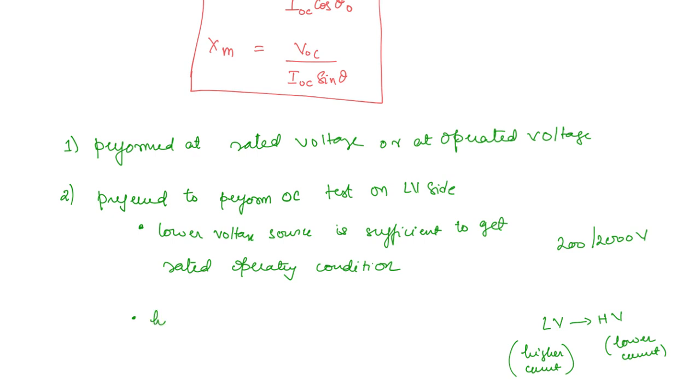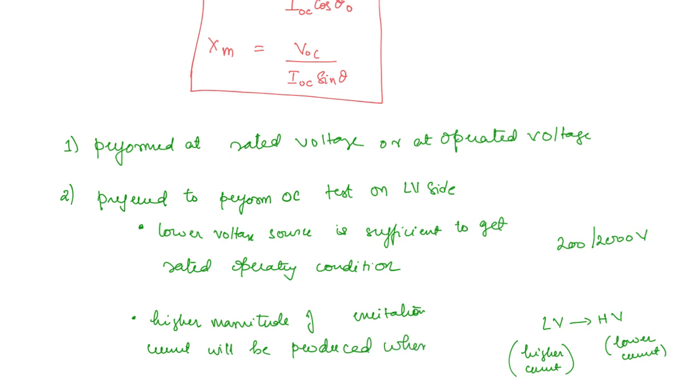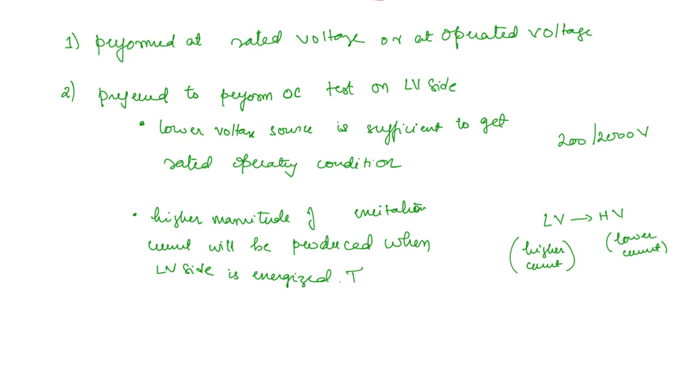So a higher magnitude of excitation current will be produced when the LV side is energized, which makes it more convenient to measure the no load or excitation current.